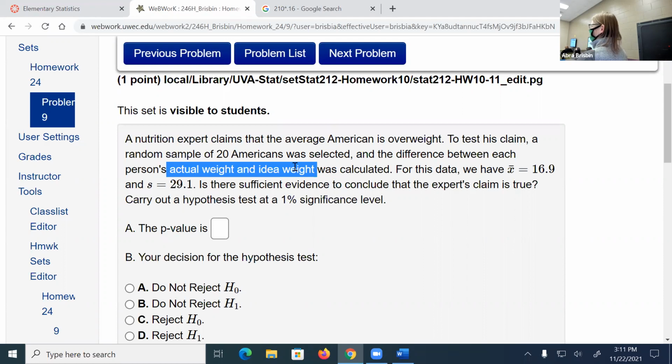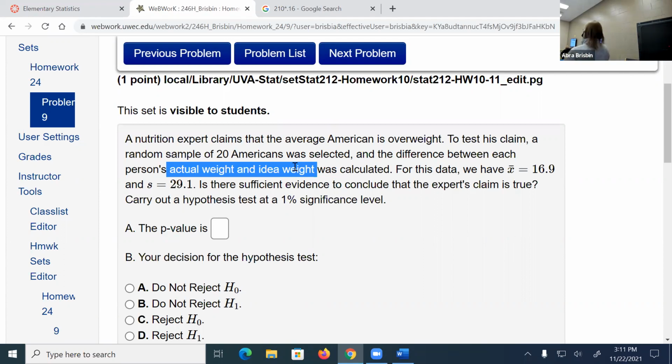Say that louder, Sandra. Yeah, that's a paired t-test that we have essentially repeated measures for each person, but the measurement is the actual weight and the so-called ideal weight. So if we're doing a paired t-test on our calculator, the first step is to find the differences. What's the second step?